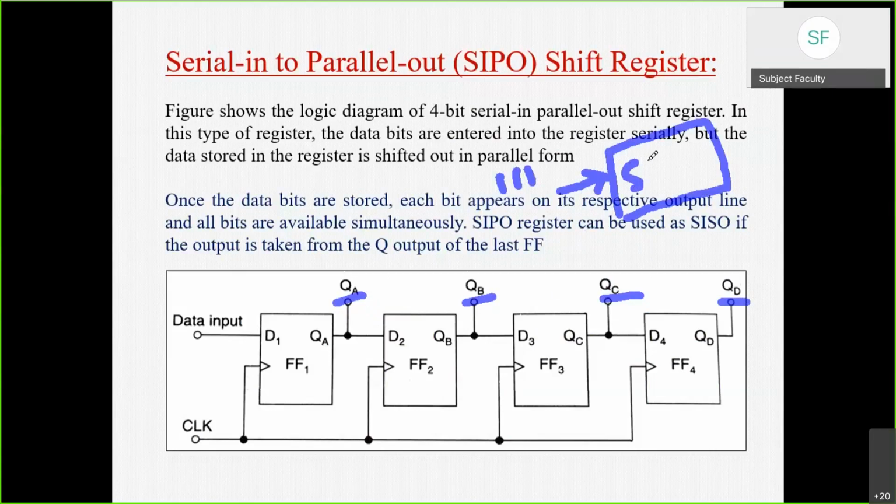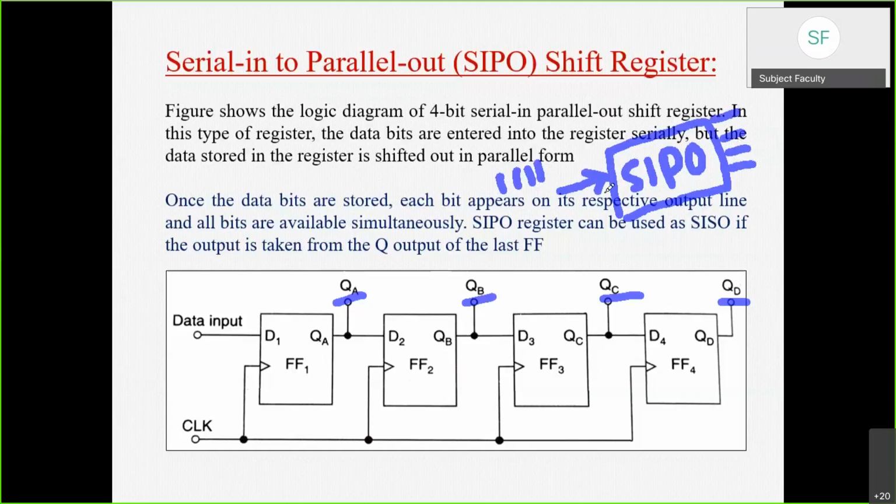In SISO, only a single output was there, and across that you were getting the bits. Now in this case, the four outputs are there. These are nothing but the outputs of four flip-flops: flip-flop 1, flip-flop 2, flip-flop 3, flip-flop 4.